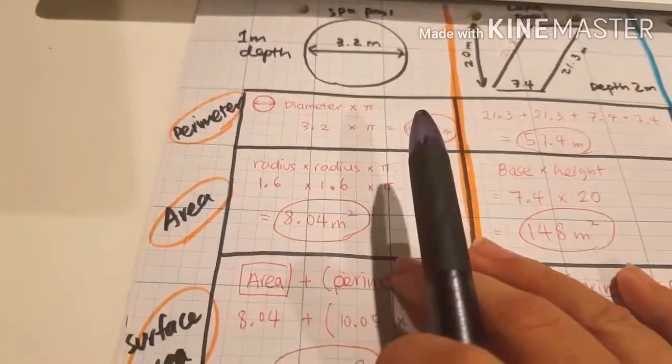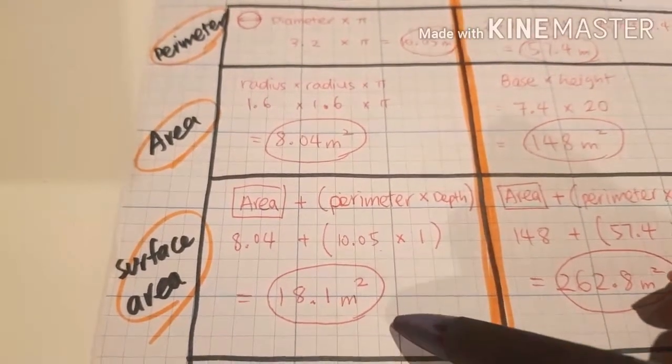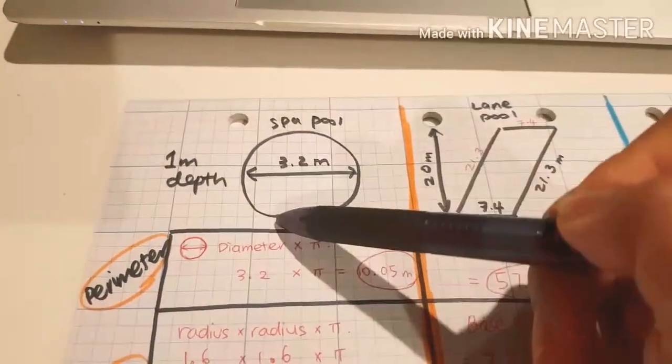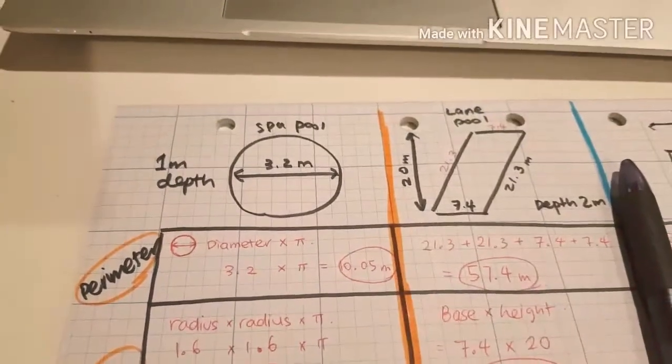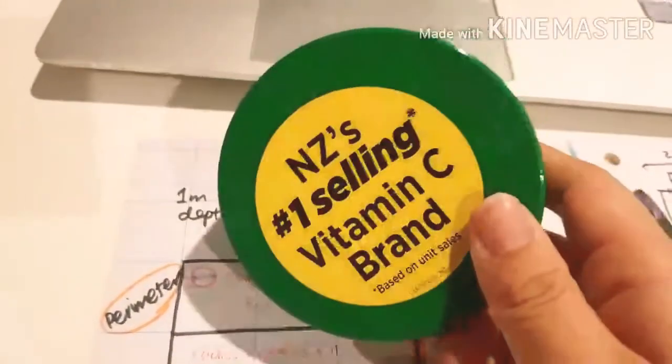Now we're moving on to surface area. When we're talking about surface area, this is a 3D shape. As you can see, I have a circular pool with a 1 meter depth, so just like this, I have the lid for the container.